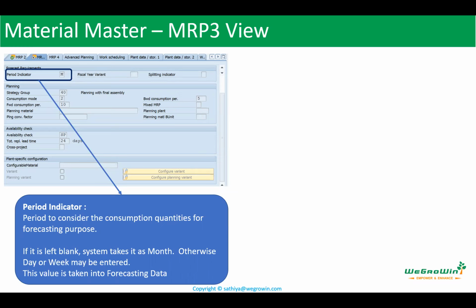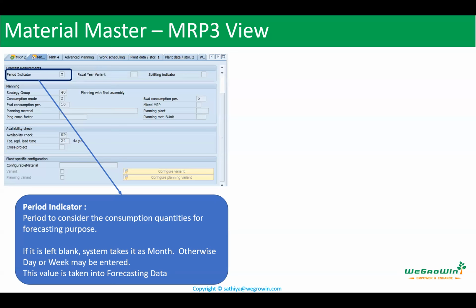The forecast requirements, the period indicator, put as W. It is the period of consumption, how it is captured and stored in the system for forecasting purposes. For example, I want to capture week-wise consumption, or month-wise consumption. All those things are covered by this. If you do not fill this, the system will take month as default.